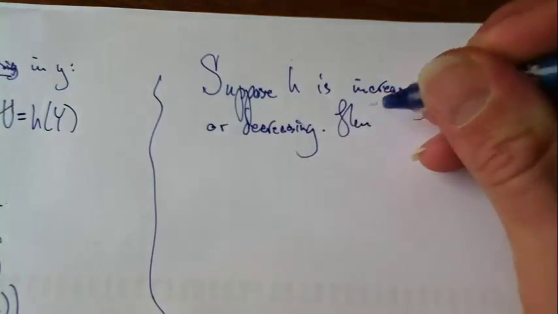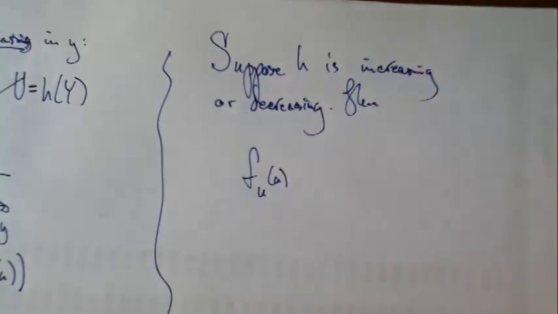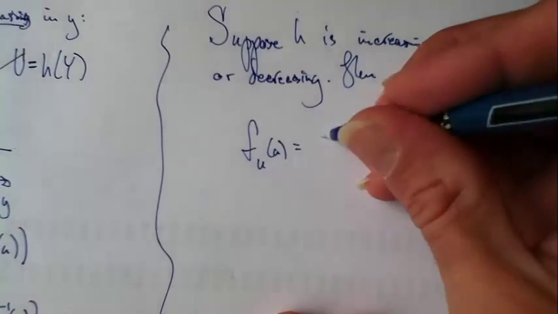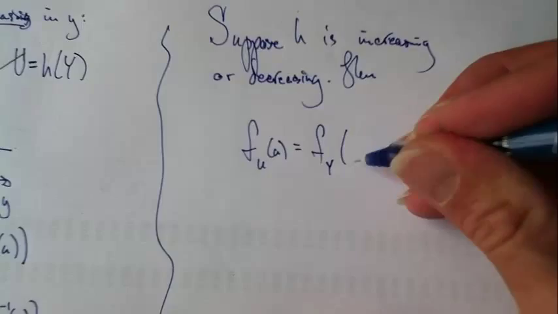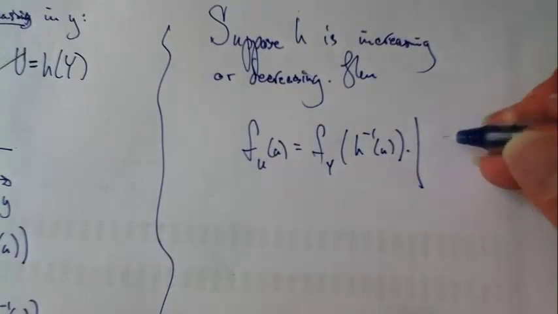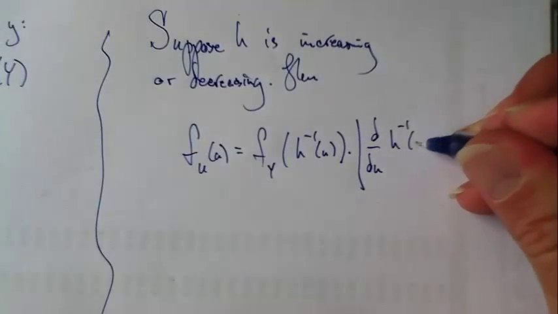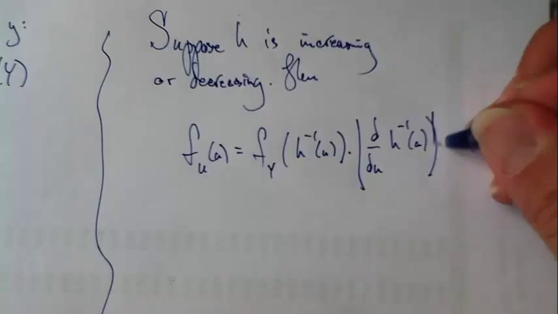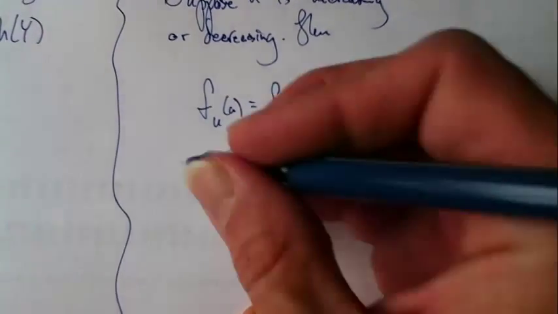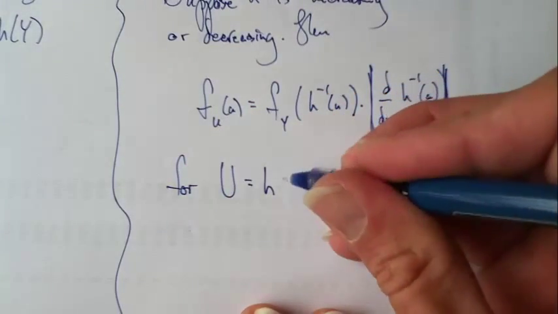Then f sub u of u, the density function for u, can just be expressed as the density for y evaluated at h inverse of u times the absolute value of the derivative with respect to u of h inverse of u. And this is for u when u is expressed as this function of y.